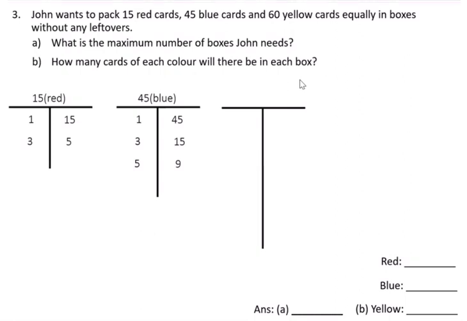And then the next one will be the 60 yellow cards. So we look at the factors of 60 also. It is always 1 and the number mentioned here, 1 and 60. 2 and 30, 3 and 20, since 3 and 20 is 60.